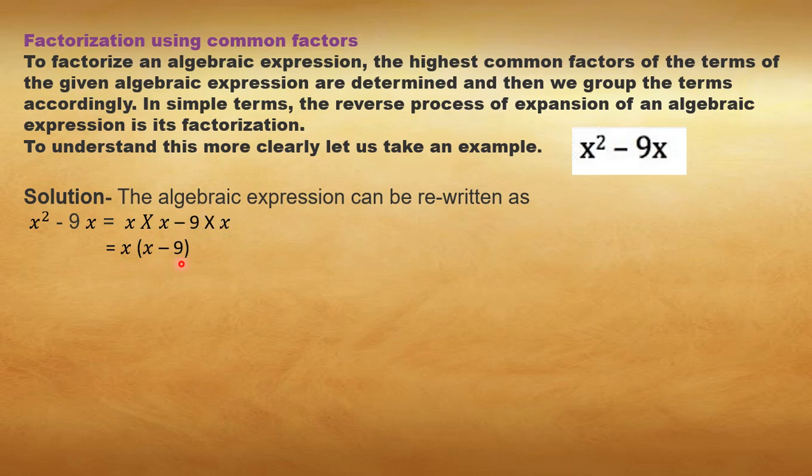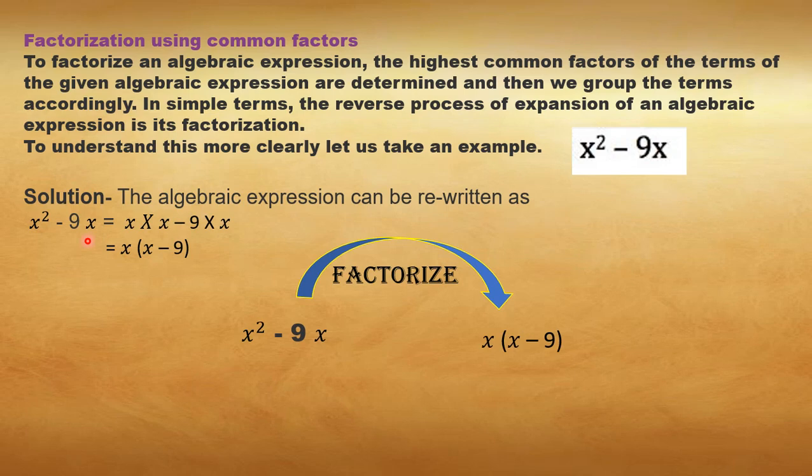This is the factorization of the expression x square minus 9x. So this is the method of common factors. When we factorize x square minus 9x, we get x into x minus 9. And when we further expand it, we get the algebraic expression x square minus 9x.